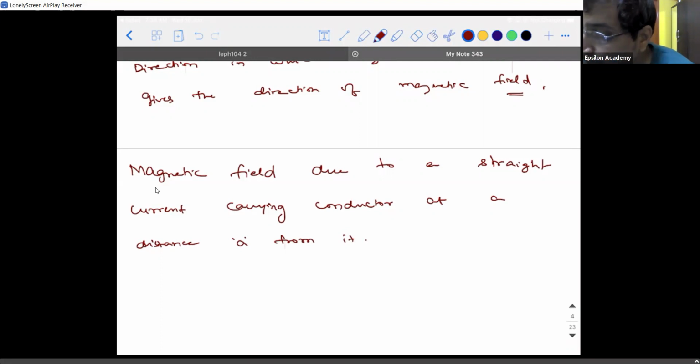Just a point to add here: the conductor is of finite length. So I'm going to take a straight current carrying conductor of finite length, and at a distance A from it we are going to find the magnetic field.